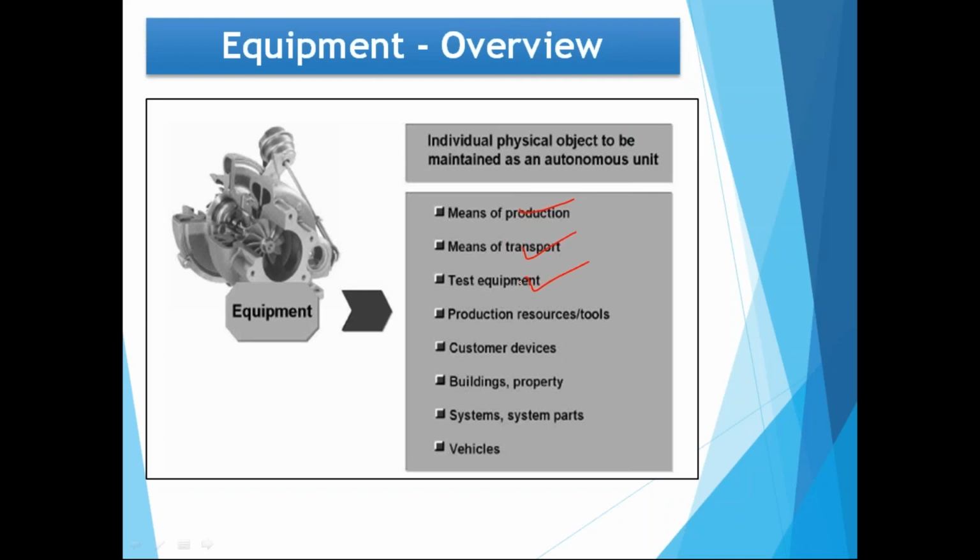And then PRTs, the tools which are used in production, are also termed as equipment. Customer devices, buildings, vehicles, all those are termed as equipment. So basically it is an independent, individually maintained autonomous unit that is called equipment.